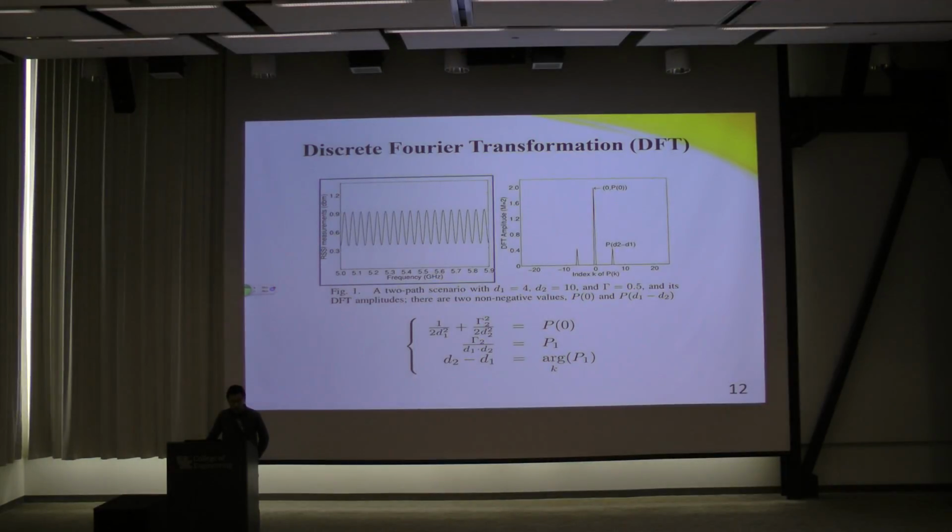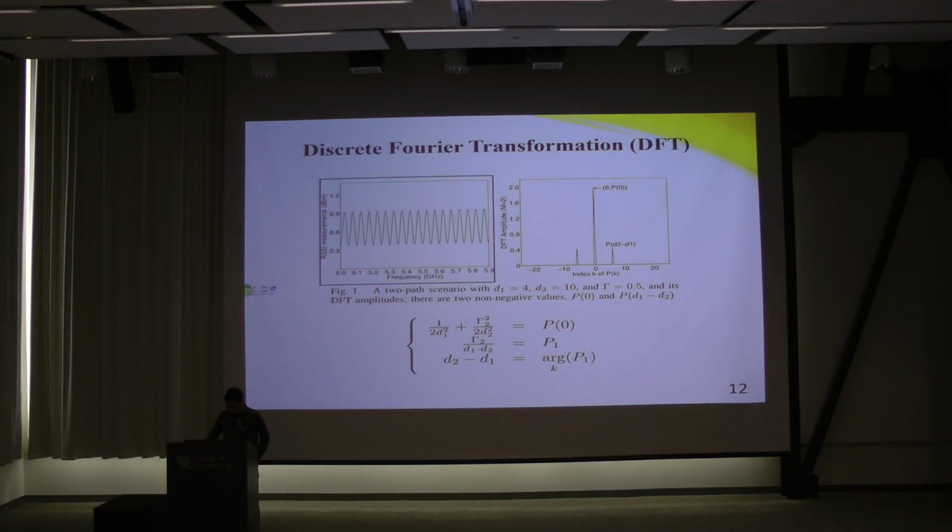This is the RSS we get from the different channels. Every channel has a frequency, and after we transform it with the DFT, we get this.